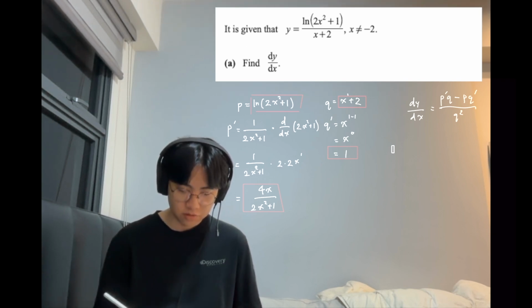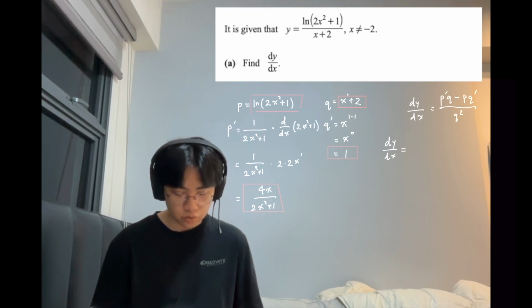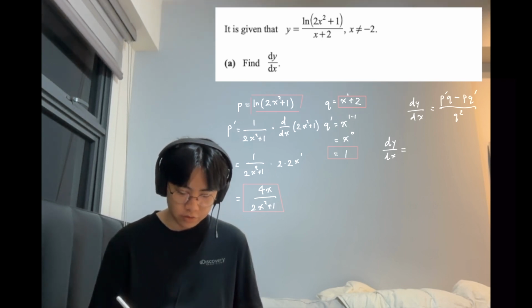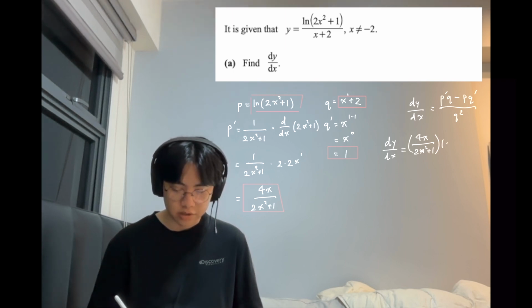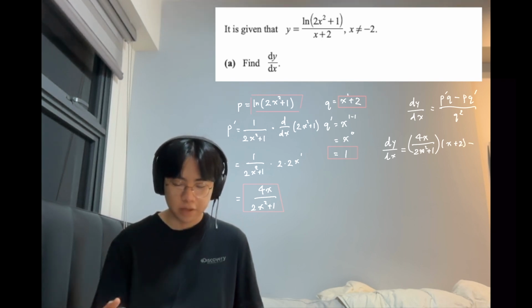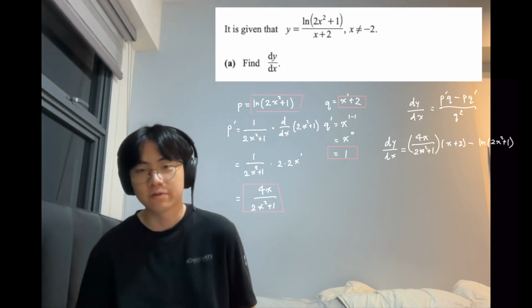We just need to do dy/dx equals p', which you know as 4x over (2x² + 1), in brackets, times q, which we know as x + 2, minus p, which is ln(2x² + 1), times q'. But q', if you remember, is just 1, right?